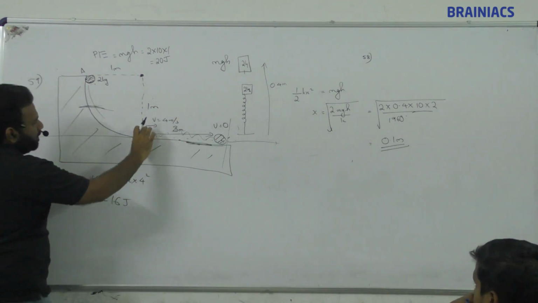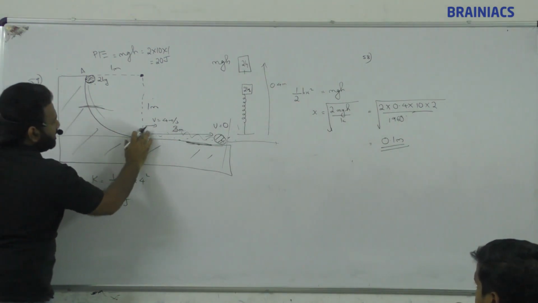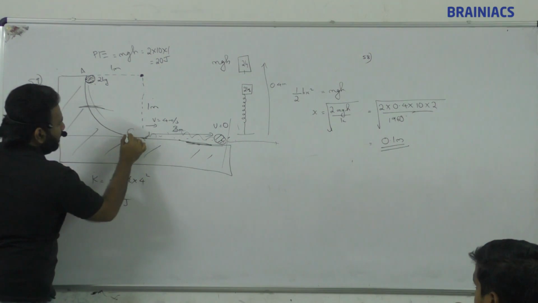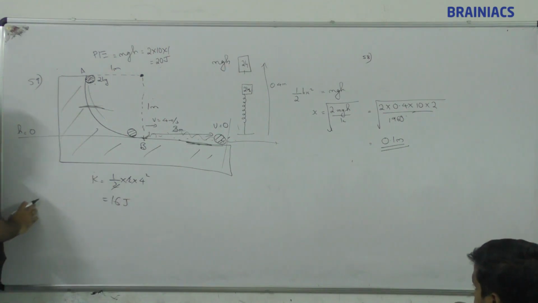Maybe this must not be. If we take height as 0, definitely 20 joule should come. So conceptually this could be somewhere like this, then only we will get 16 joule. Otherwise we should get 20 joule there also.